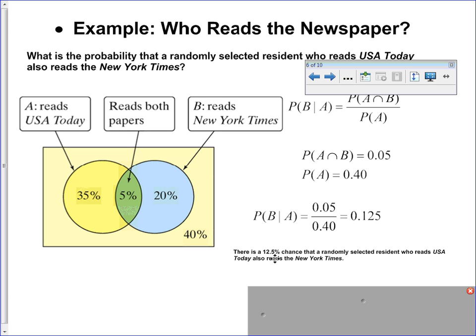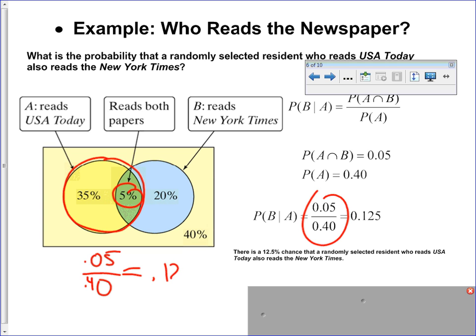What is the probability that a randomly selected person reads the USA Today? Well, that's all of this. So the total area that I just circled is 0.4. And who also reads the New York Times, which is this, 0.05. And you'll see that is this number right here, and that's the 0.125.